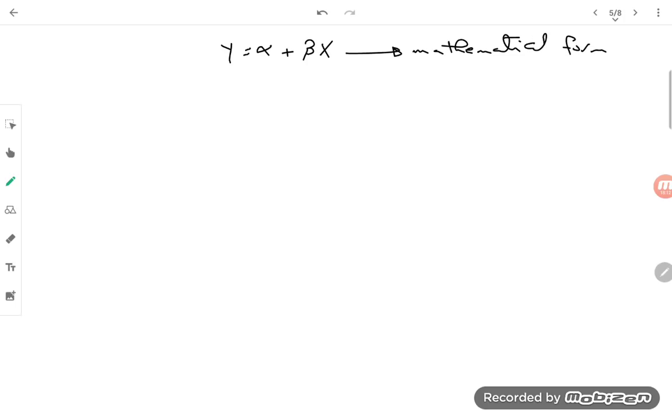Now we would like to convert it to an econometric one. So we are going to add one more term to this equation, which is the error term or the disturbance term. So we can write it as y equals alpha plus beta x plus u, where u stands for the error term or disturbance term.